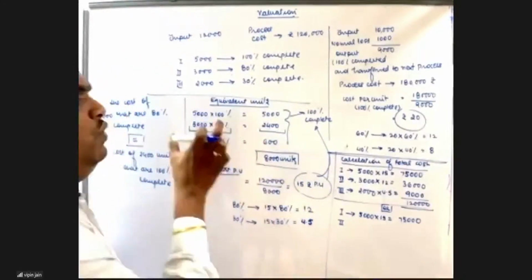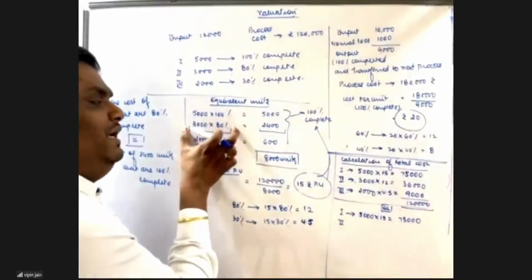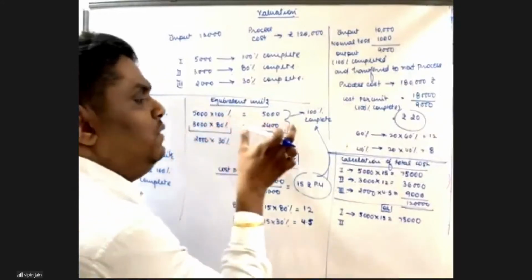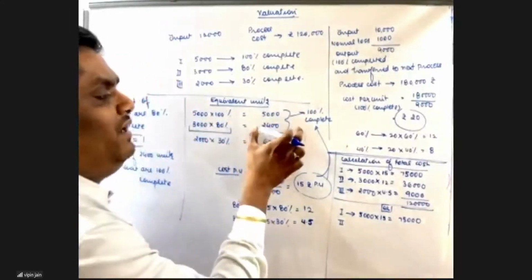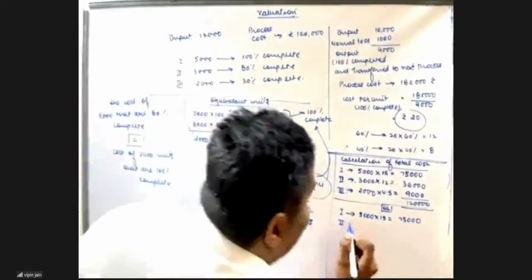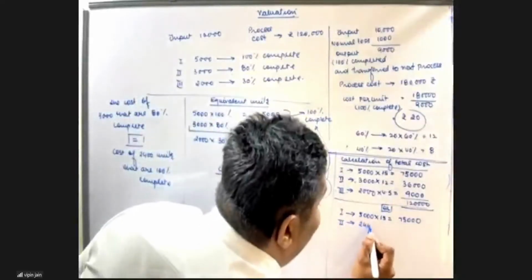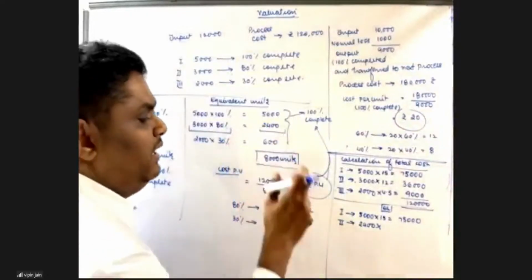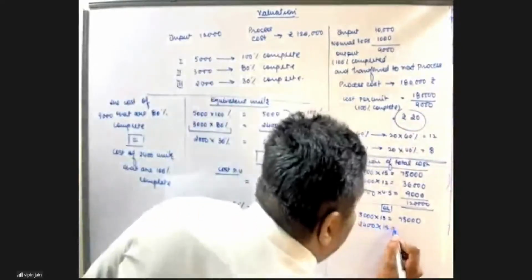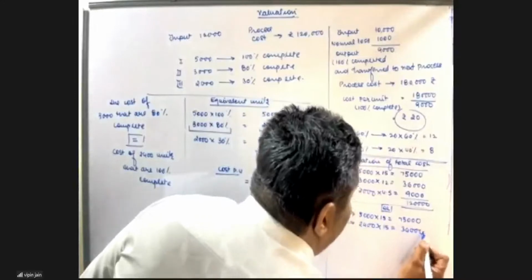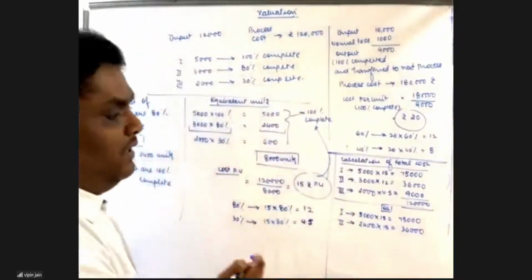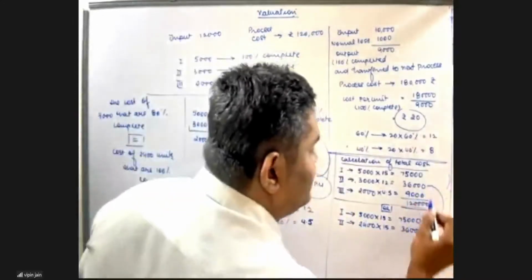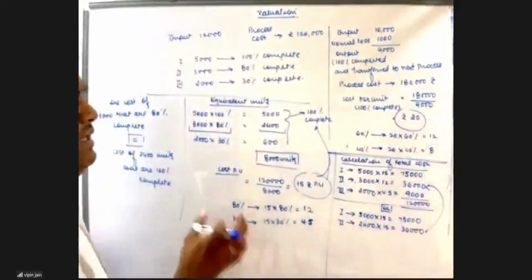And as I told you, 3,000 units that are 80% complete, their cost will be equal to 2,400 units that are 100% complete. So in category 2, equivalent number of units is 2,400 that are 100% complete. It will be into 15. So this will be 36,000. Again, we can say that the cost matches, 36,000 and 36,000.